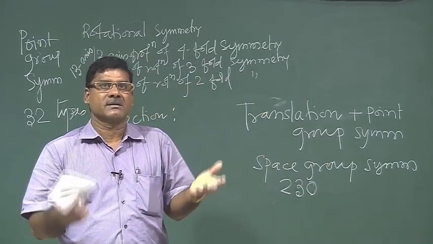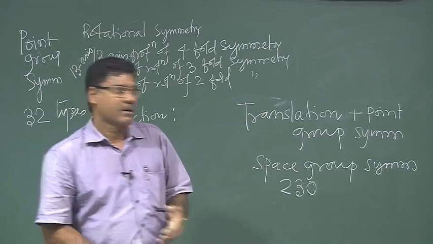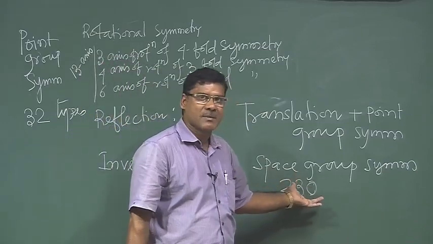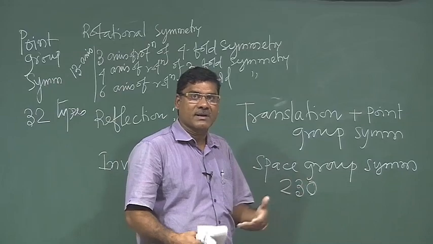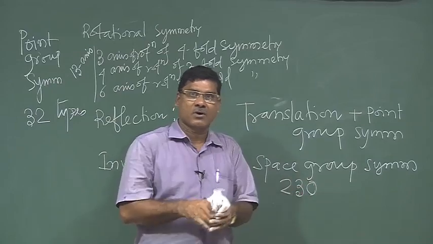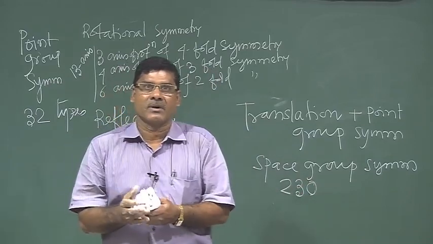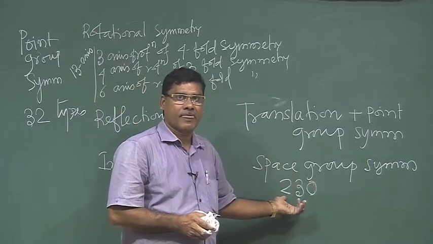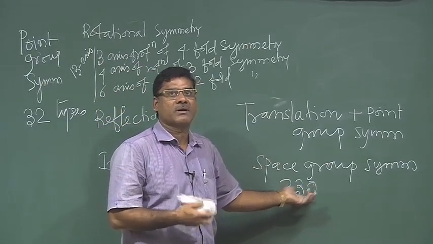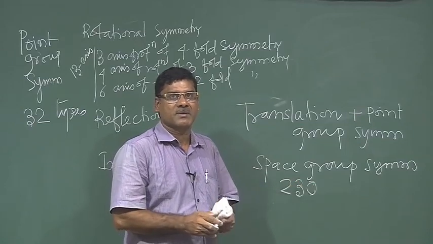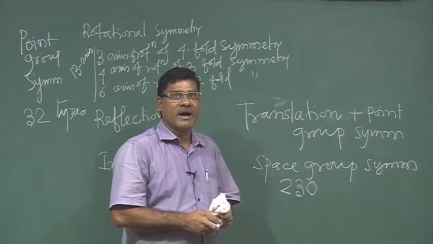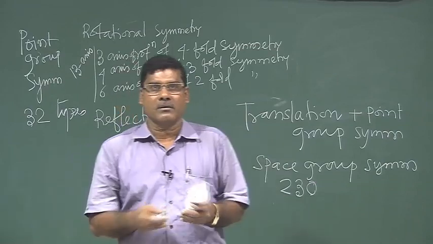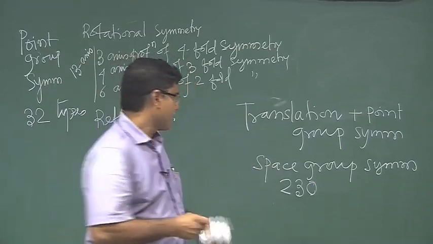So, all crystals, whatever their space group symmetry, will follow one of these 230. We do not need more than 230 space group symmetries to find out the symmetry of all crystal systems, right.